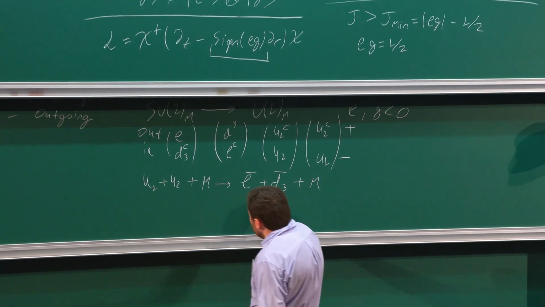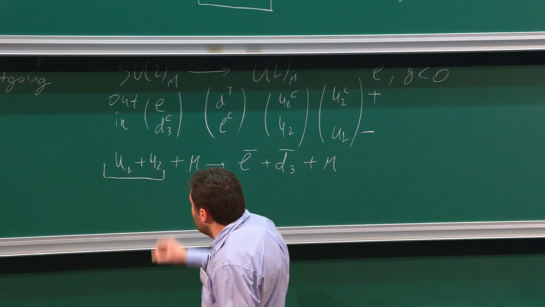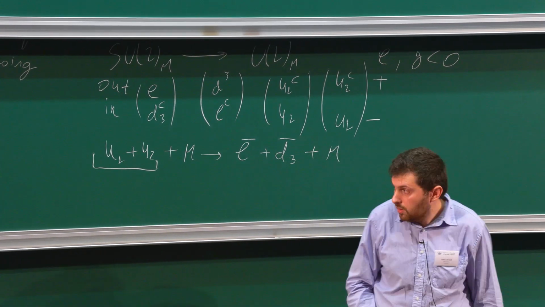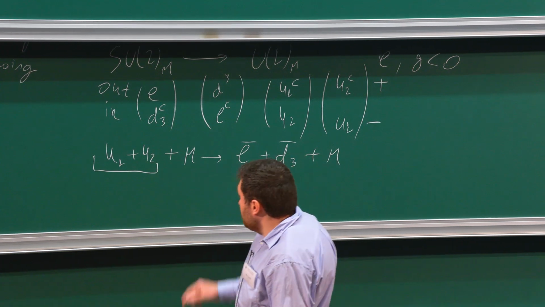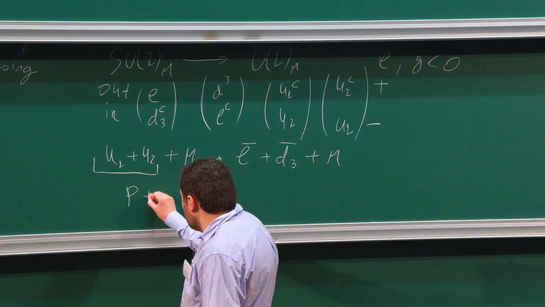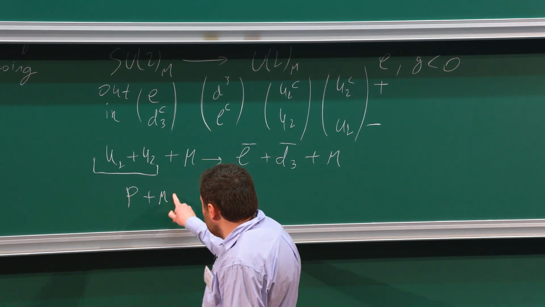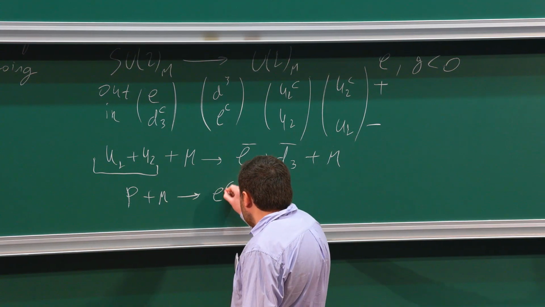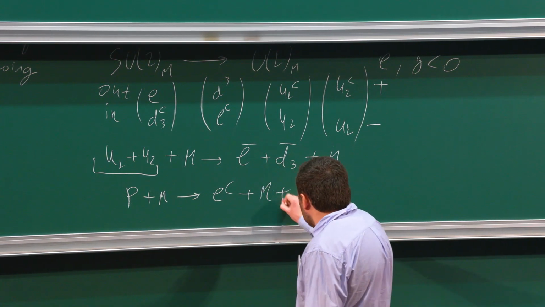So this process goes with 100% probability. This is one of the processes that underlies monopole catalysis of proton decay. So if a proton meets a monopole, it decays with 100% probability.